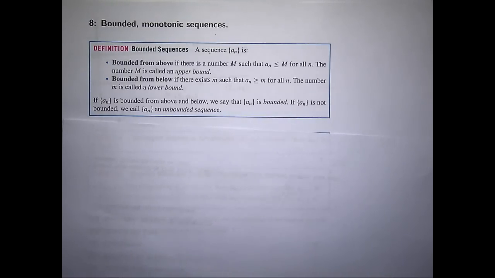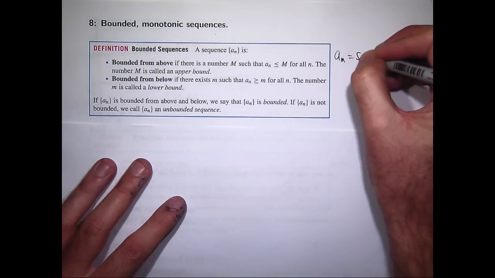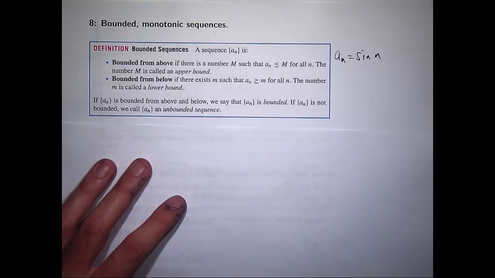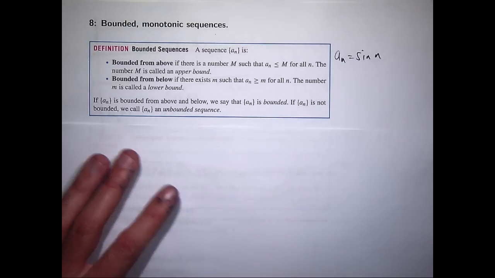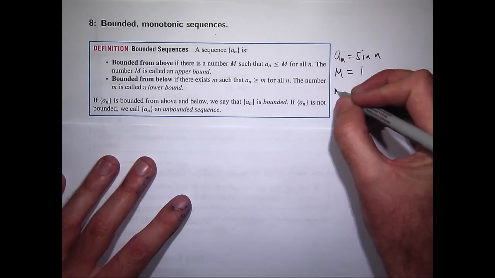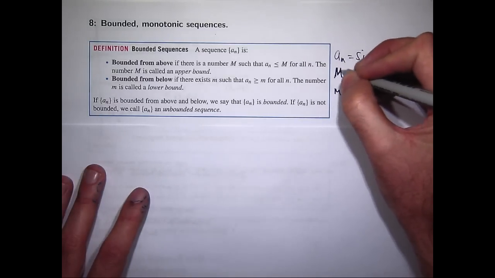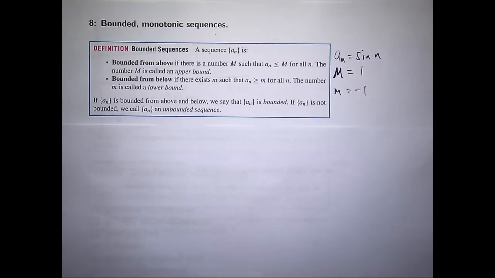Let's just think about some sequence, say sin n. We know that sine's bounded here, so that the upper bound would be positive 1 and the lower bound would be negative 1. Okay, now some sequences aren't bounded at all.